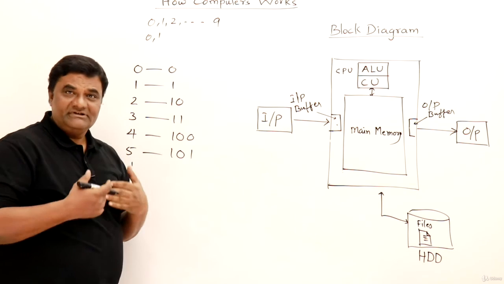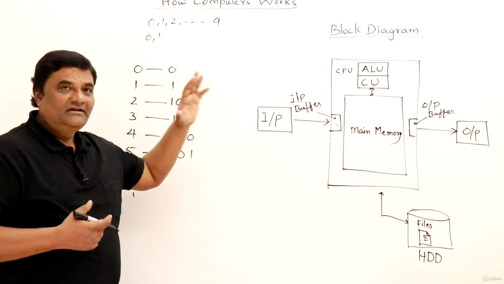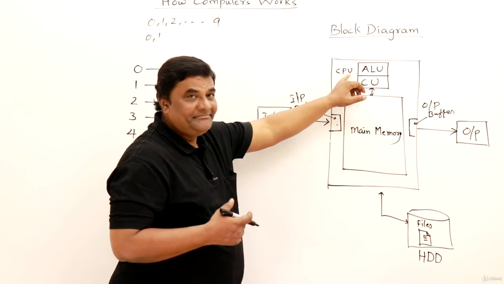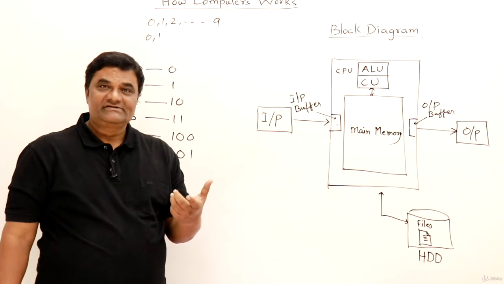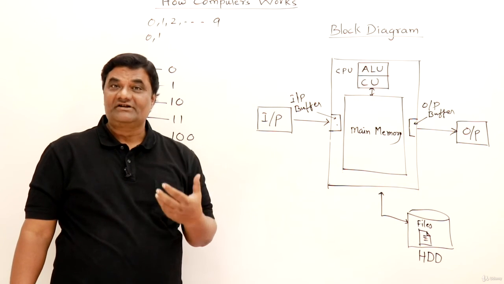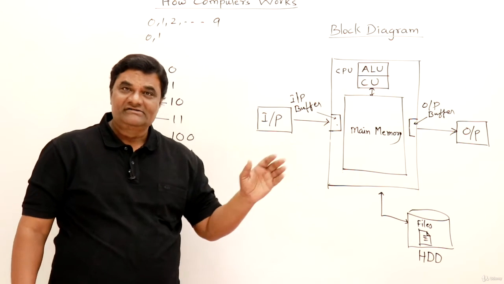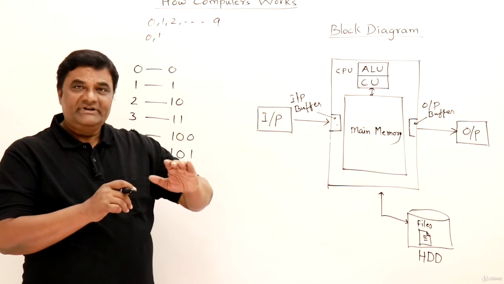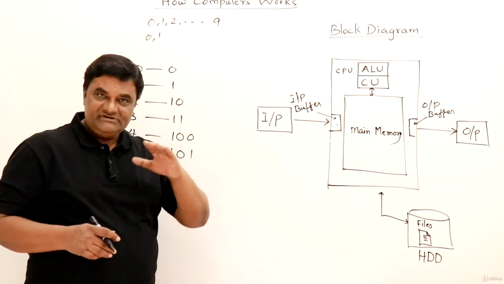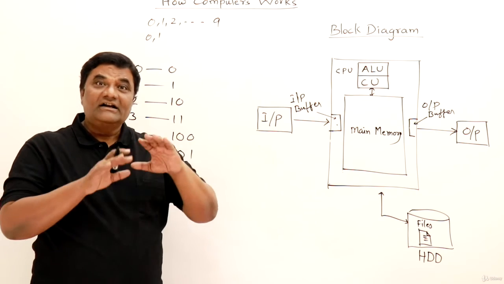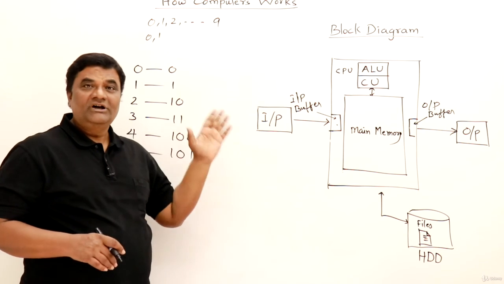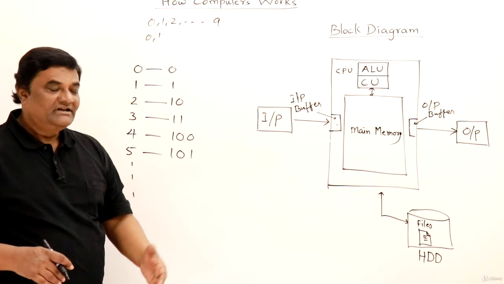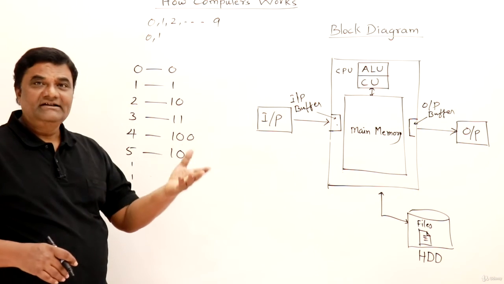Now, this CPU, or the arithmetic and logical unit, performs operations. It knows the instructions, it knows commands. Suppose, assume that 0 means add two numbers, 1 means subtract two numbers, 2 means multiply them.